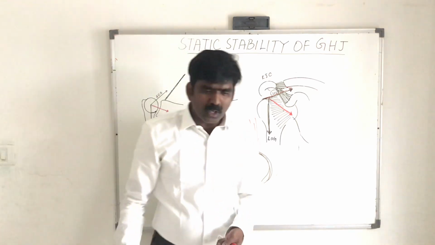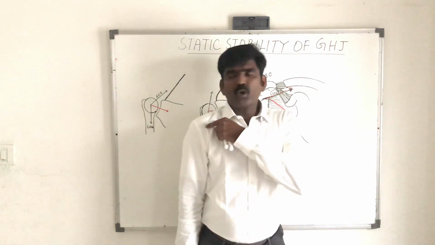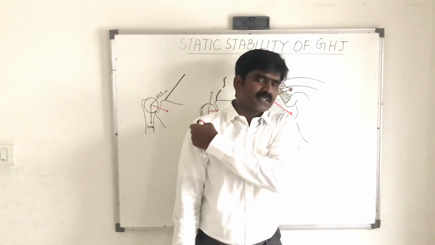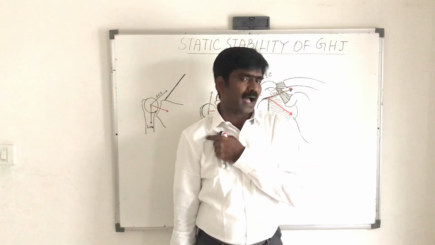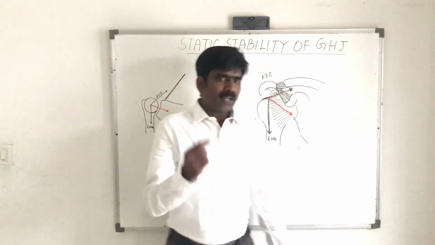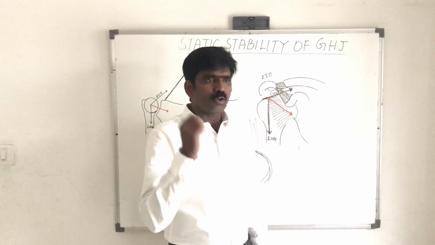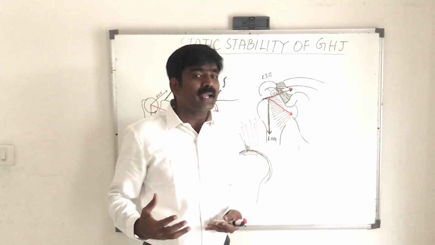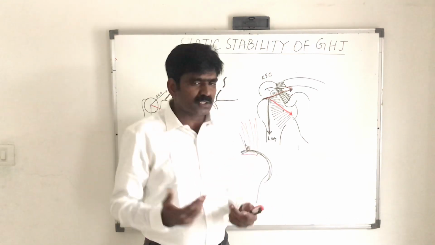So what happens if you are carrying weight in your upper extremity? Clear? Because of the weight, the supraspinatus muscle is stretched. I have already told, whenever a muscle or a contractile or non-contractile unit is stretched, it creates a passive tension, or a passive force.